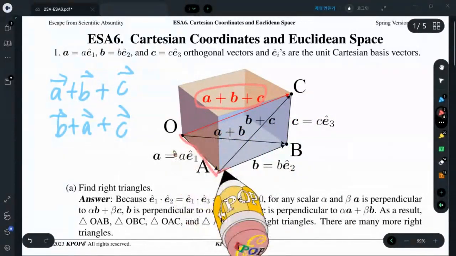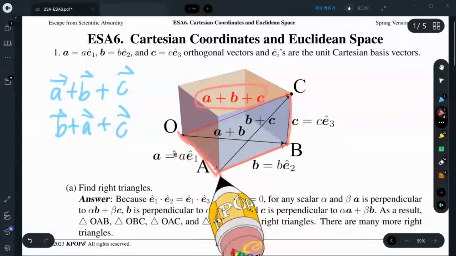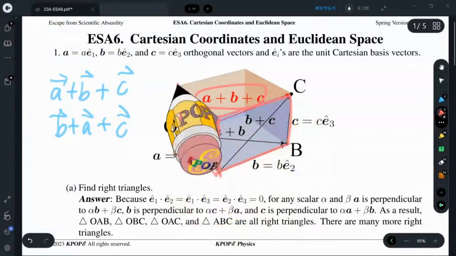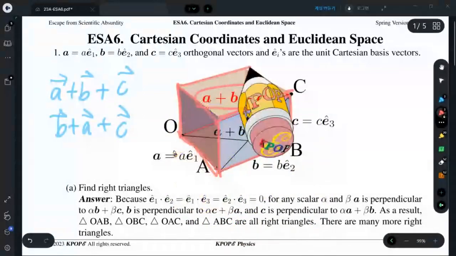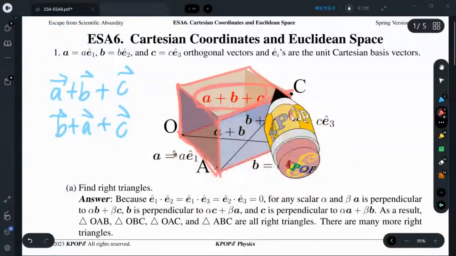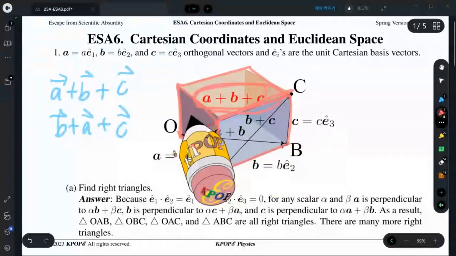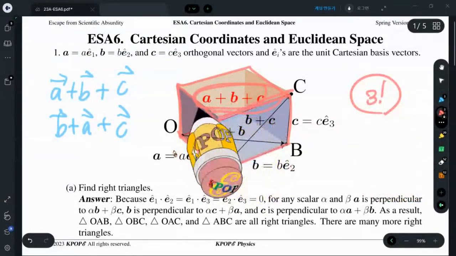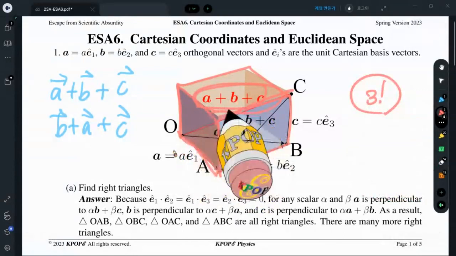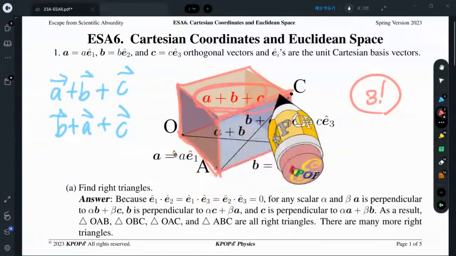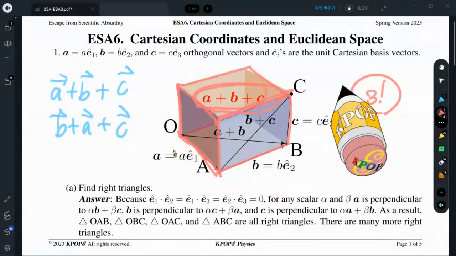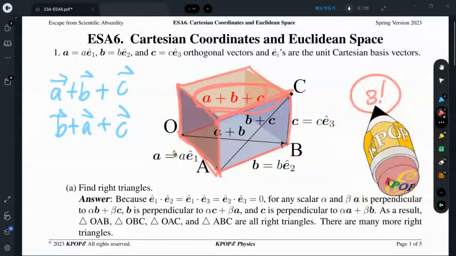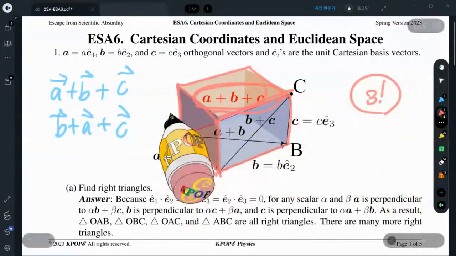Any kind of path will give the same result. There are 3 factorial orderings: A, B, C; B, C, A; C, A, B, and so on. Any combination will give the same vector.